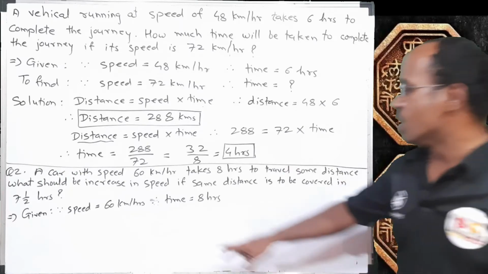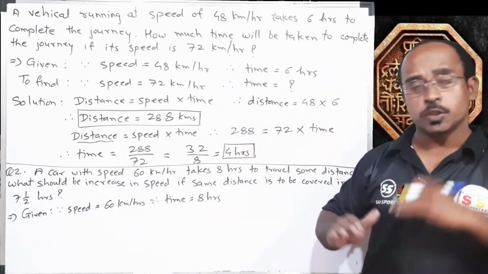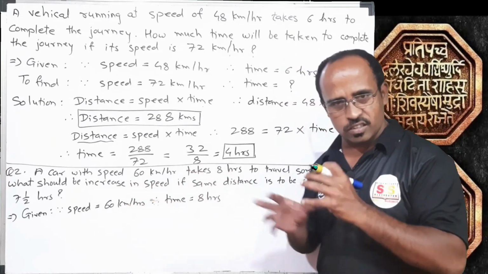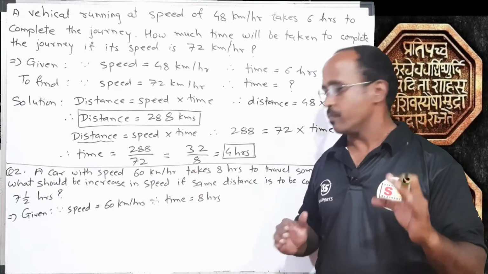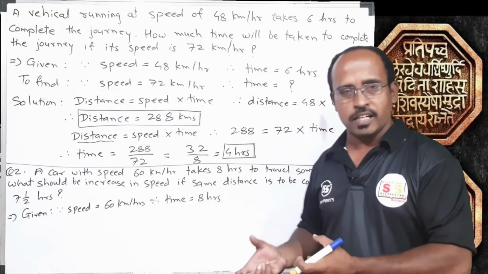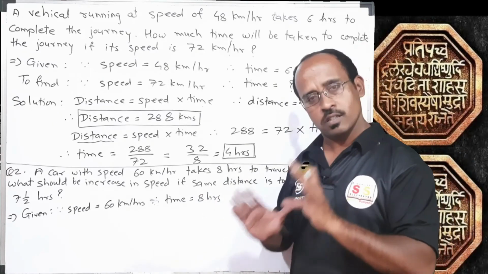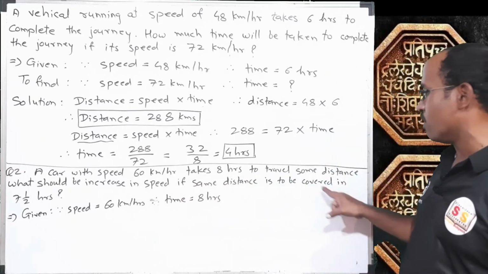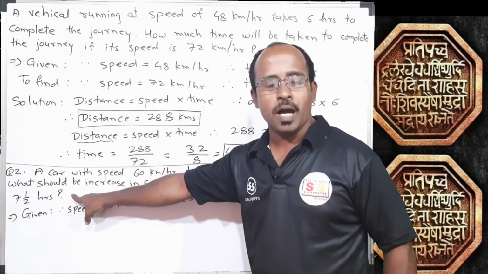Okay, what should be the increase in speed? They are suggesting that we increase the speed. The speed is 60. It is suggested that we increase the speed. Clear? What should be the increase in speed if the same distance is to be covered in 7.5 hours?